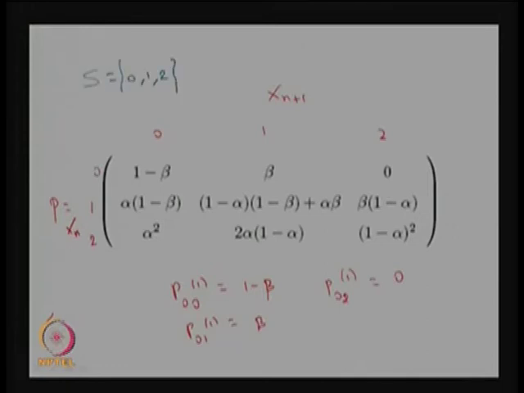Based on the information we have, we can make a one step transition probability matrix, that is, the probability with which the system moves from the state i to j in one step. This exercise we have done in lecture 1.